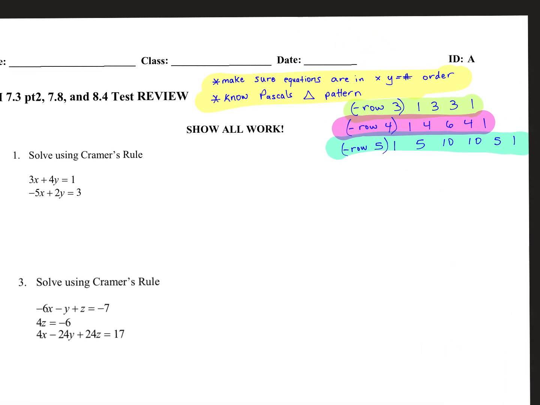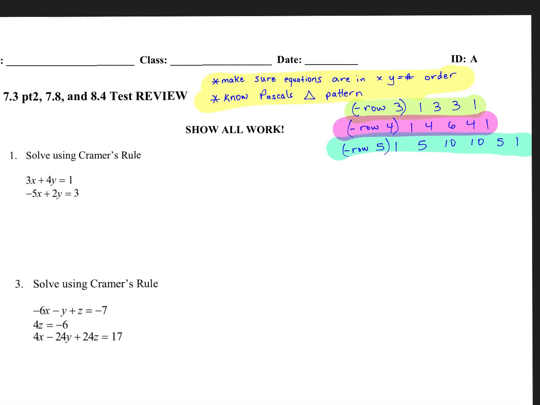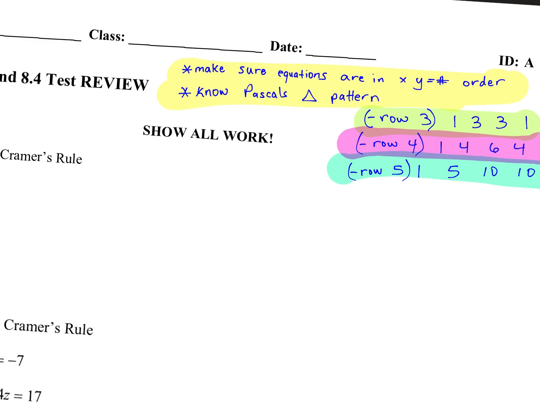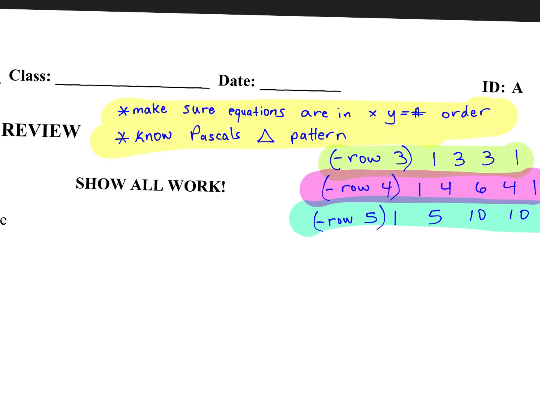Up here at the top, when you are solving any equations that say solve using Cramer's, you're going to have one 2x2 and one 3x3. Make sure, guys, that in your equations the x's are first, the y's are second, the z's are third, then there's an equal sign, and then the number. Make sure that it goes x, y, z equals number.